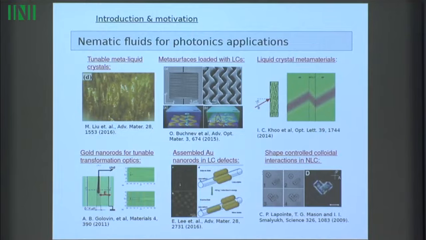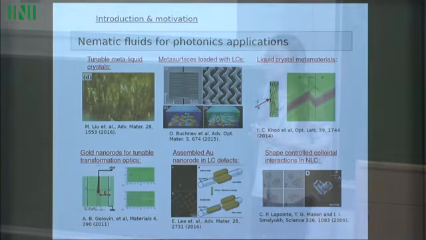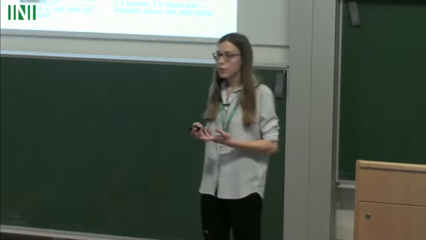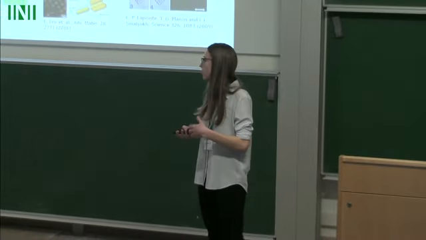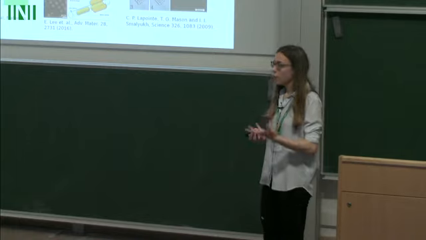So here we have, for instance, golden nanorods being assembled in liquid crystal defects, and the properties of this material also then being tuned, so the transmissivity also being tuned with the properties of the liquid crystal itself.